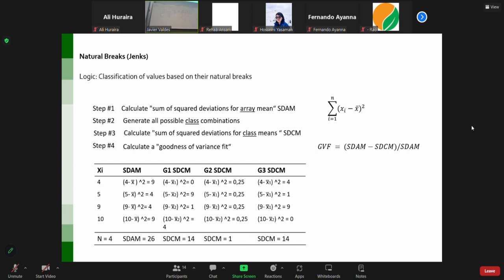So this is why I'm trying to find out which one of the combinatory possibilities allows me to reduce the sum of squares of errors in each one of the classes, the different groups that I'm making, taking into account that K is equal to 2.